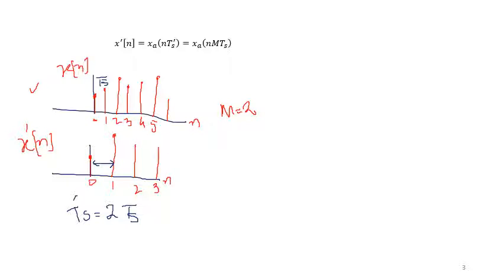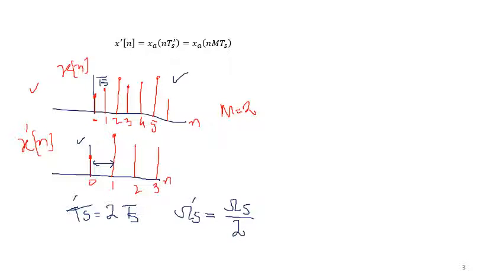So if we have increased the sampling period, the sampling frequency, which we represent by omega prime s, will be half of the sampling frequency which we have here. That means omega prime s equals half of omega s.